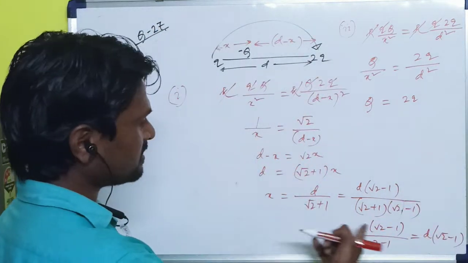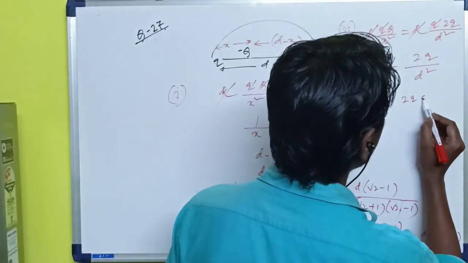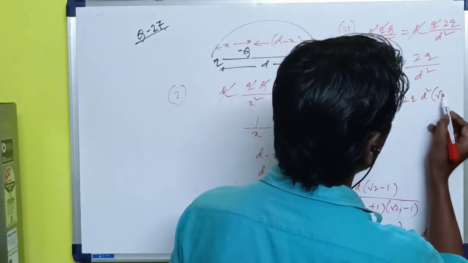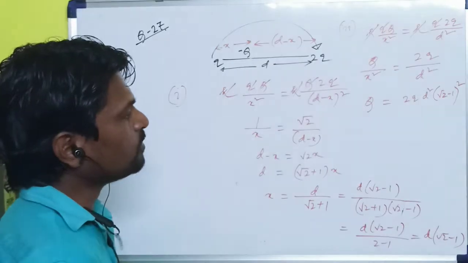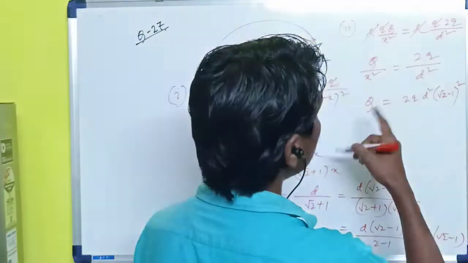x square means d square into (root 2 minus 1) whole square. So d square cancels with d square.